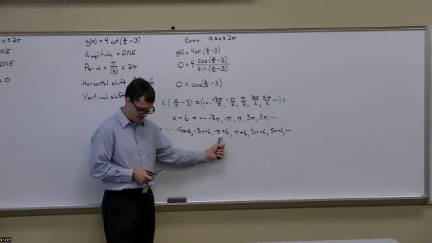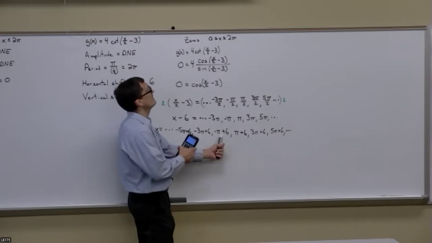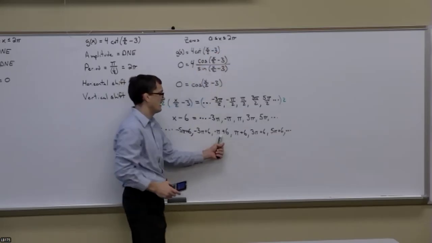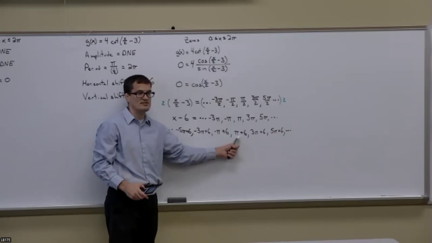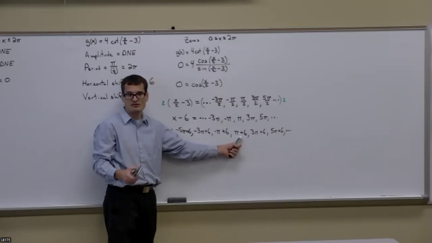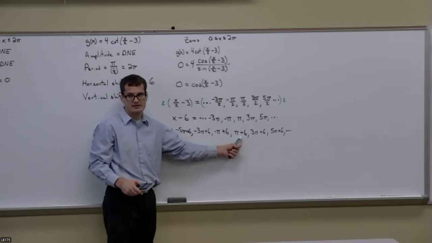Negative pi plus 6, that is between 0 and 2 pi. But if you do pi plus 6, that's above 2 pi, above about 6.28. Okay.